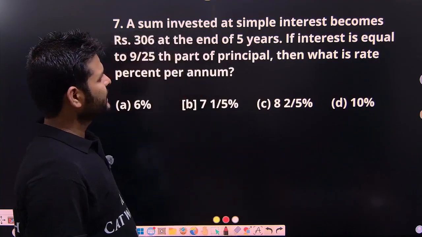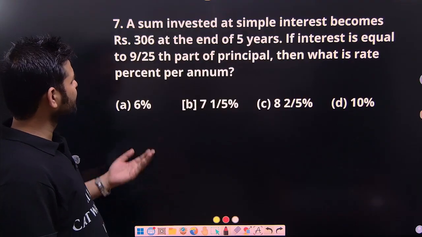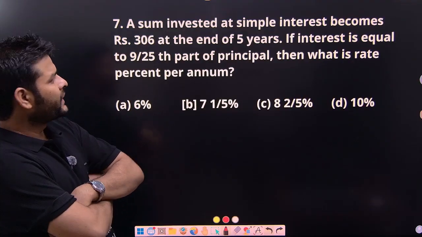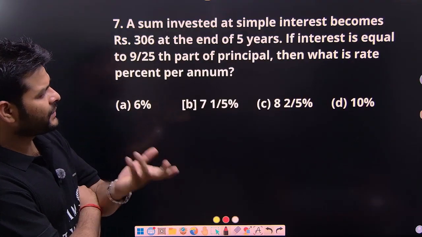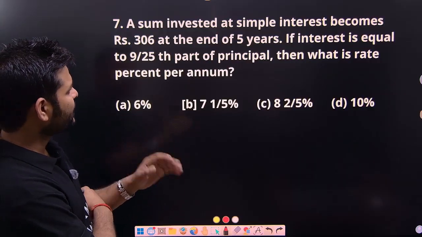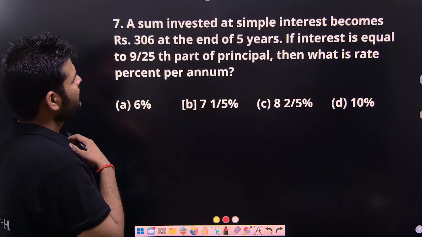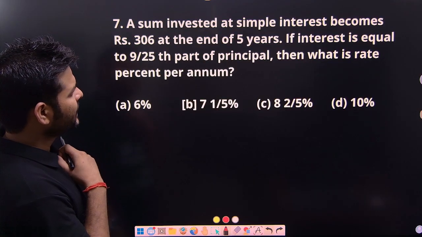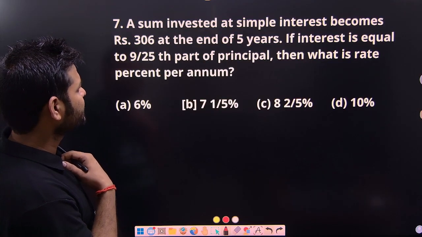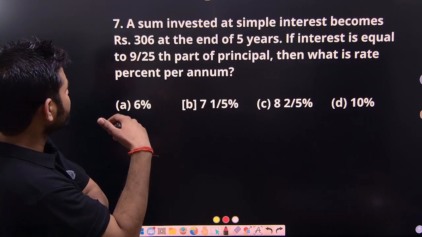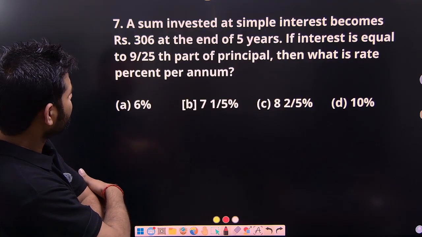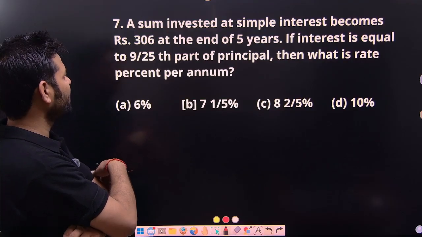A sum invested at simple interest becomes 306 at the end of 5 years. So basically, what would be the principal and interest if the interest is equal to 9/25 part of the principal?